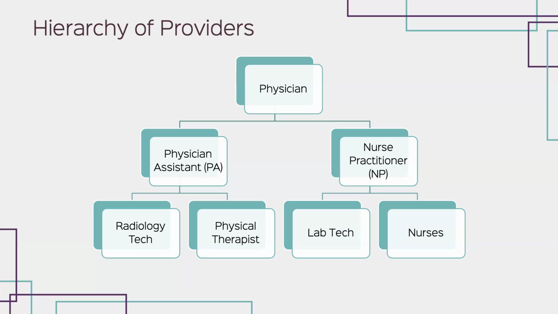Your PAs are licensed to practice medicine with physician supervision. And a PA program takes approximately 26 and a half months to complete on top of the 4 years. So they don't go to full medical school. Your nurse practitioners will have a master's degree in nursing.